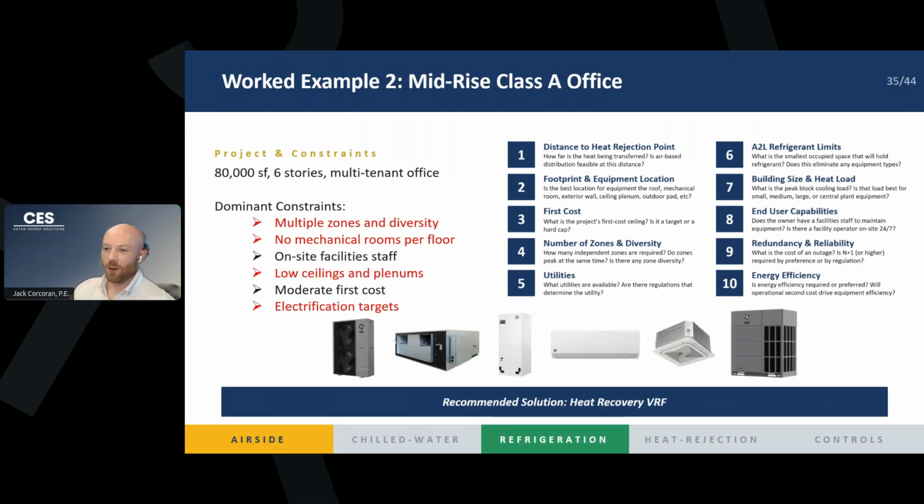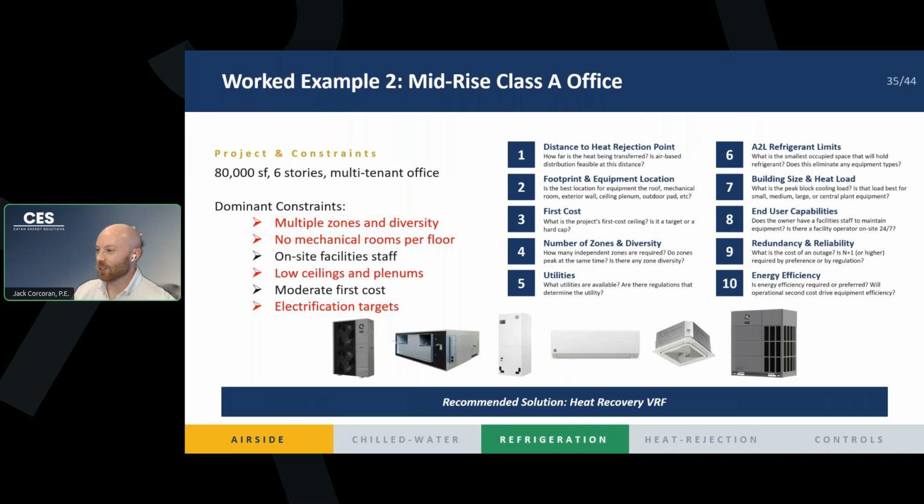Of these dominant constraints, these four red ones are giving us clues on what we can use. If we have multiple zones and diversity, VRF pops up right away. You could have rooftop units too, but since this is a 6-story multi-tenant building, maybe running ductwork from the roof down to the ground floor doesn't make sense. You don't have the amount of shaft space.